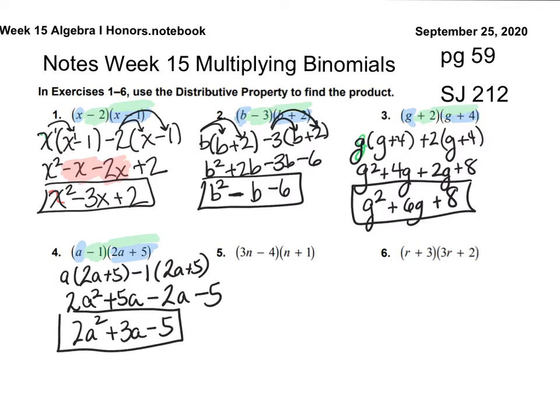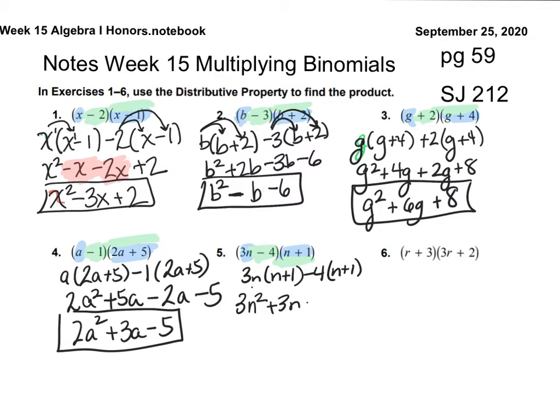The next problem, and if I'm going too fast, just pause and catch up with me and then play again. I'm going to distribute 3n to the quantity n plus 1, and I'm also going to distribute negative 4 to the quantity n plus 1. 3n times the quantity n plus 1, minus 4 times the quantity n plus 1. 3n times n is 3n squared. 3n times 1 is positive 3n.